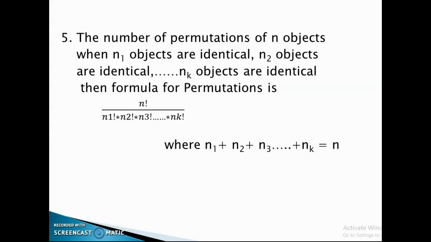Number 5, the number of permutations of n objects when n1 objects are identical, n2 objects are identical, and so on, and nk objects are identical, then the formula for permutation is n factorial over n1 factorial into n2 factorial into n3 factorial, and so on, up to nk factorial, where n is equal to n1 plus n2 plus n3 and so on up to nk.